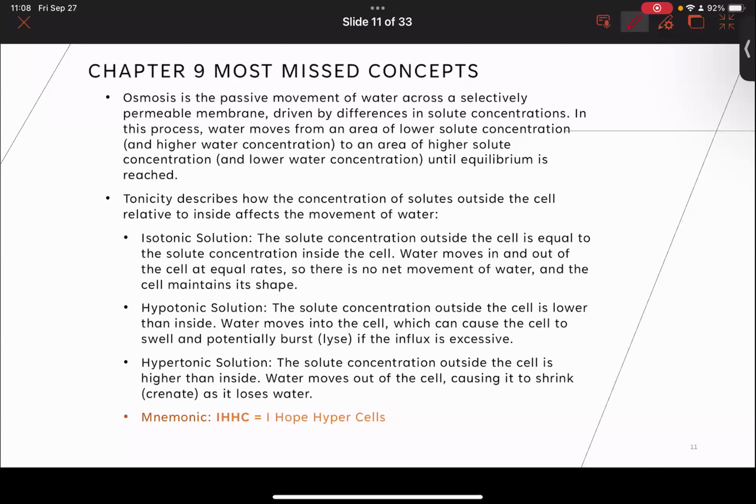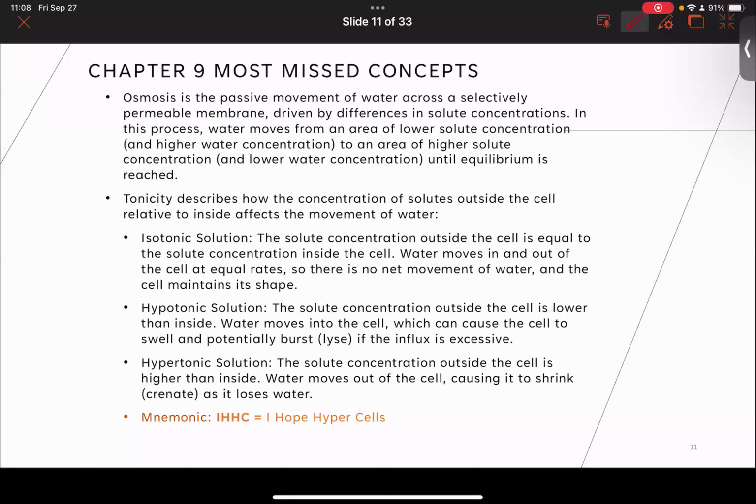Chapter 9's missed topics. Osmosis. Go figure that people wouldn't be getting things right about the tonic stuff. So we'll go back over this. Osmosis is the movement of water by diffusion across a selectively permeable membrane from an area of high to an area of low. Okay, so that's talking about the water concentration.